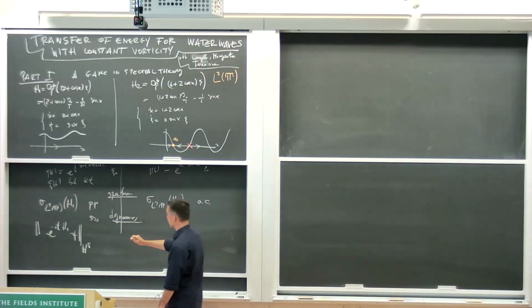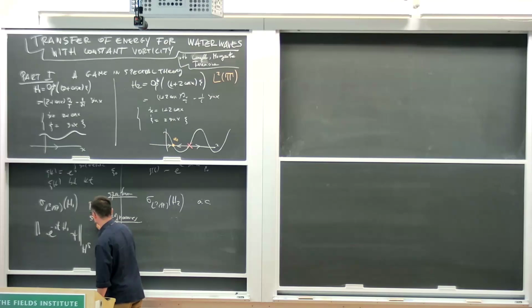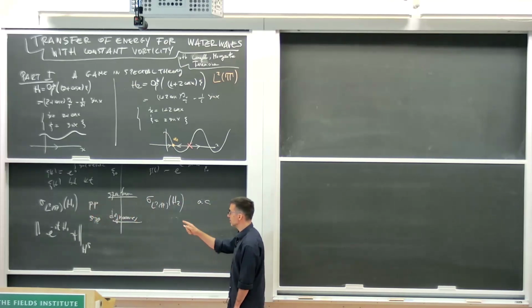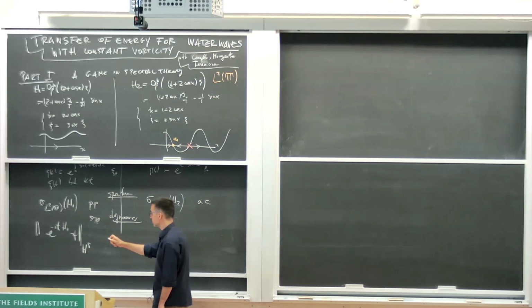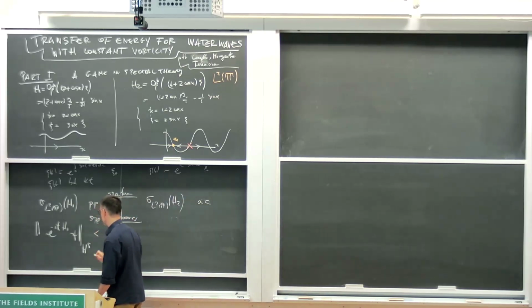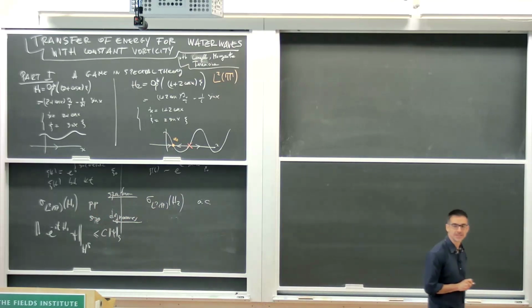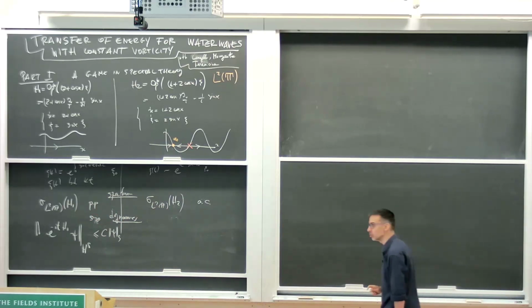So let me take s strictly bigger than 0. In the first case, the spectrum is pure point, and for this operator, you will be able to prove that this quantity is bounded for every time. So it's bounded uniformly in time. What happens in the second case?